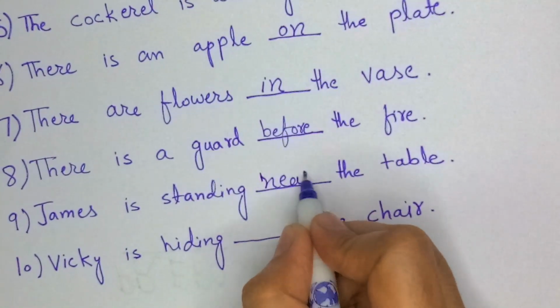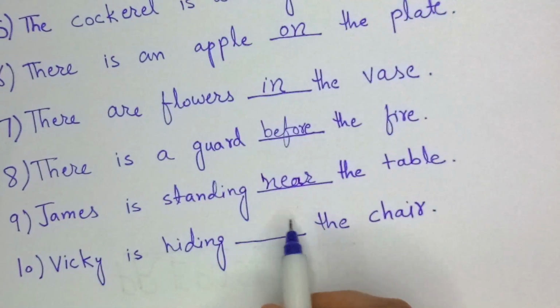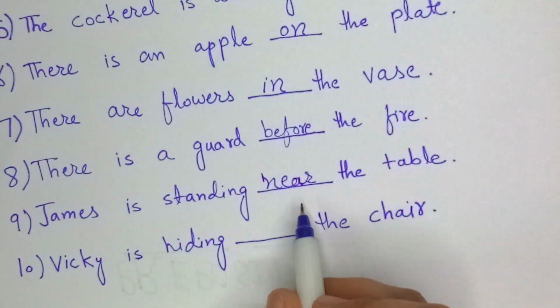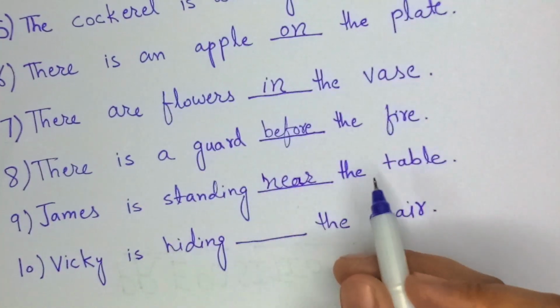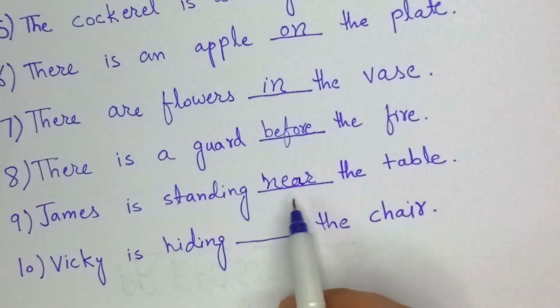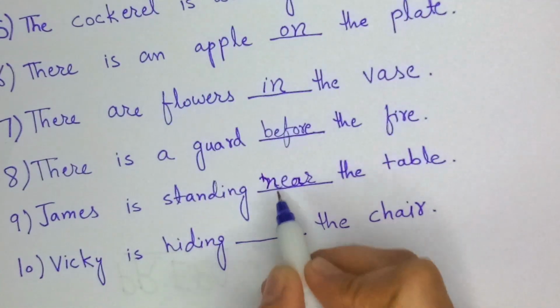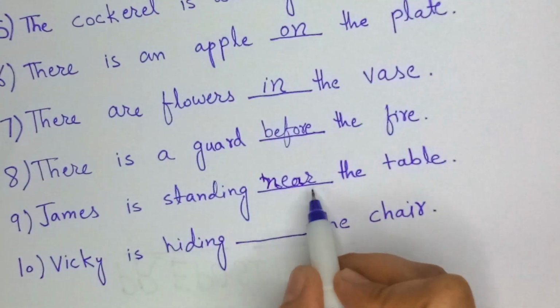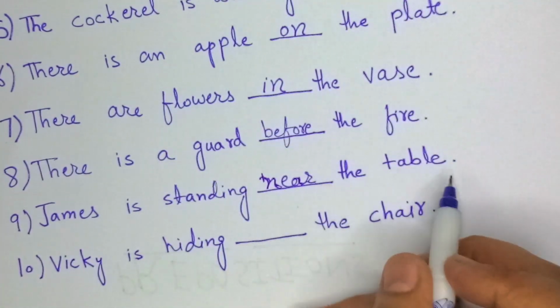Okay, so why do we use near? Near is a preposition that we use when something is not very far away from another thing. So here James is standing very near, or you can say not very far away from the table, so we use James is standing near the table.